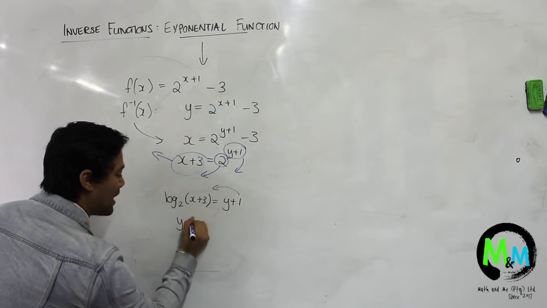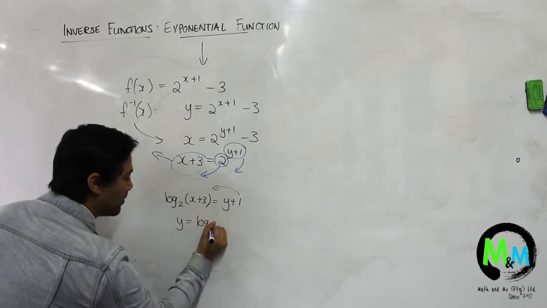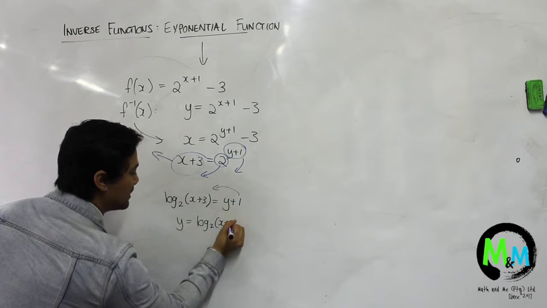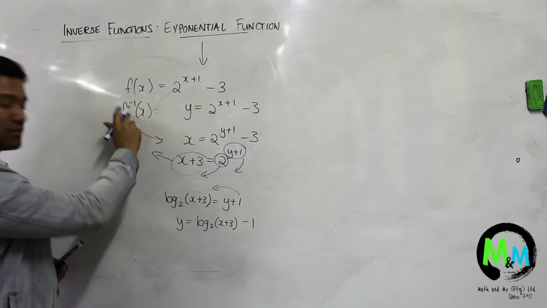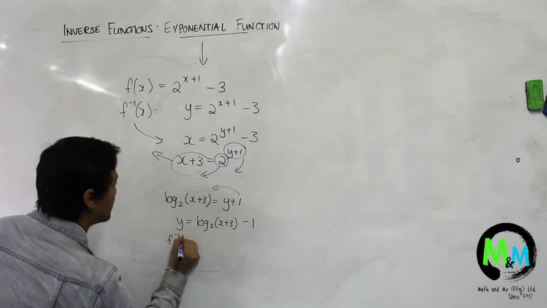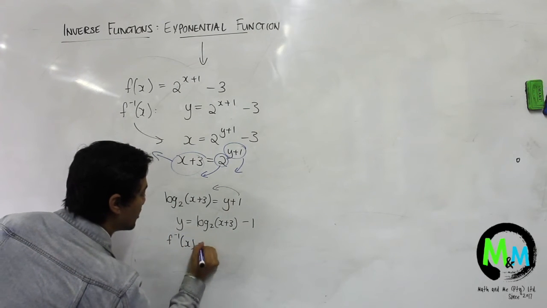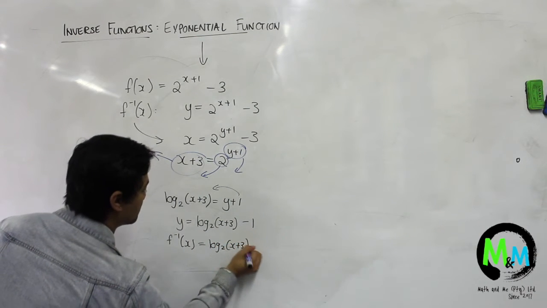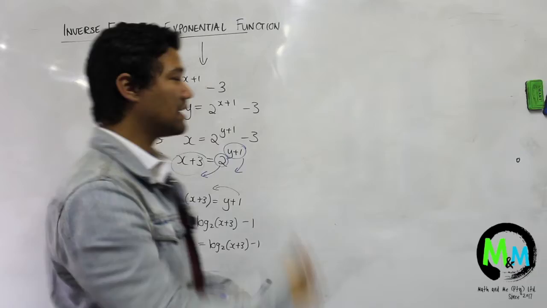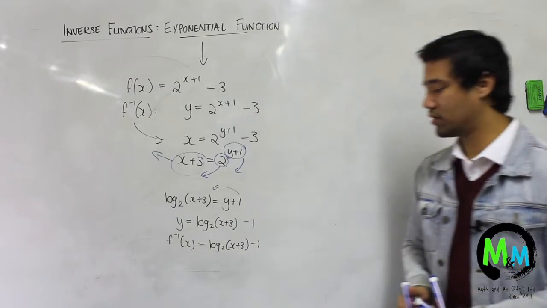Therefore, y is equal to log base 2 of (x plus 3), minus 1. Don't forget to use proper notation: f to the negative 1 of x equals log base 2 of (x plus 3), minus 1. And this will then be the log graph.